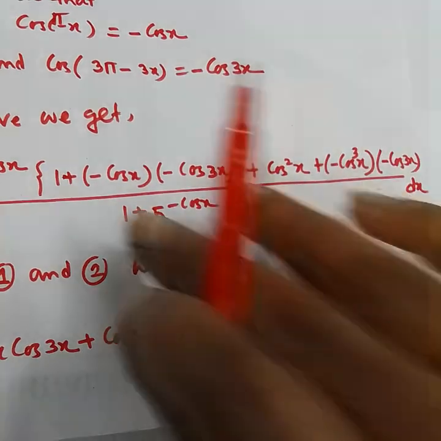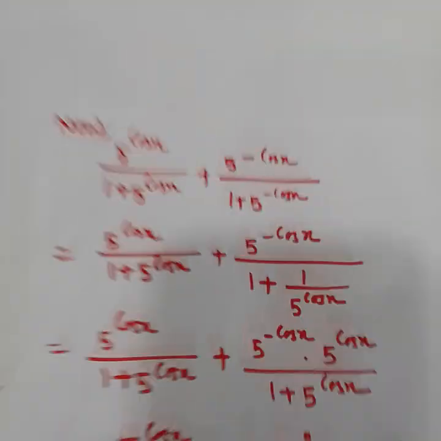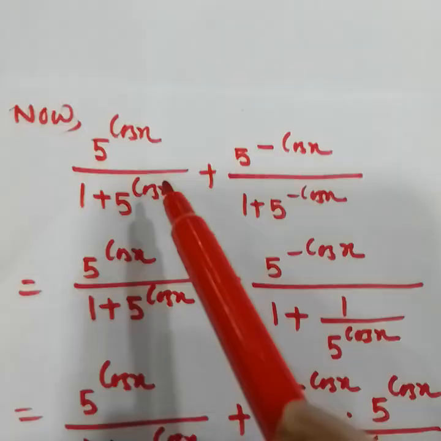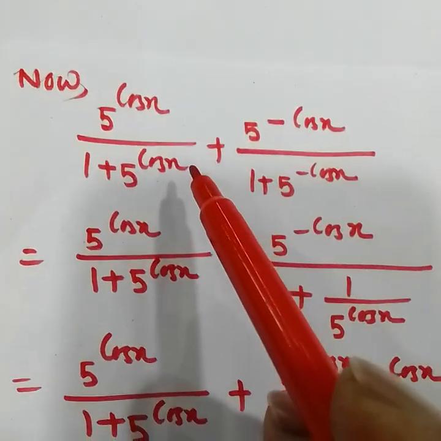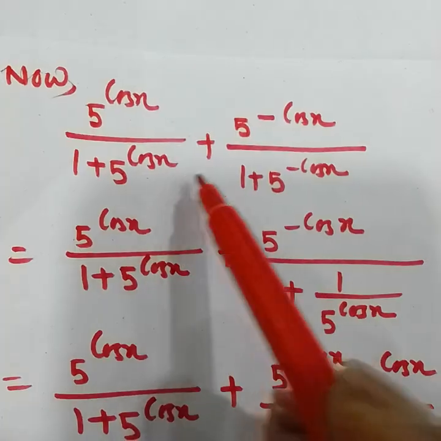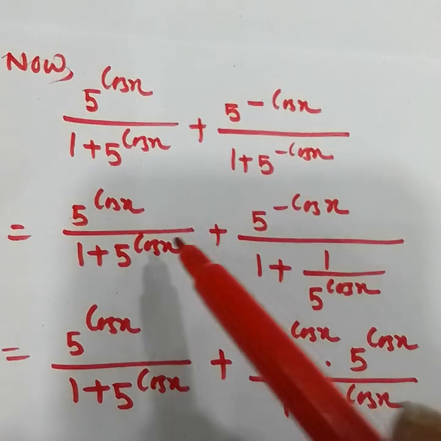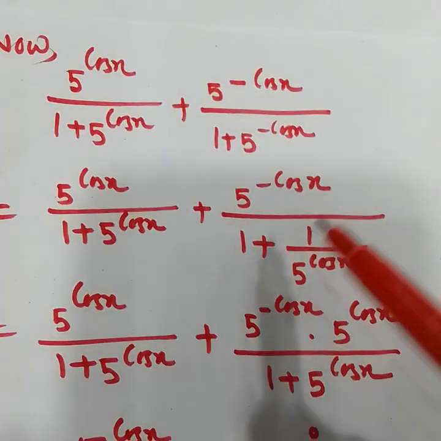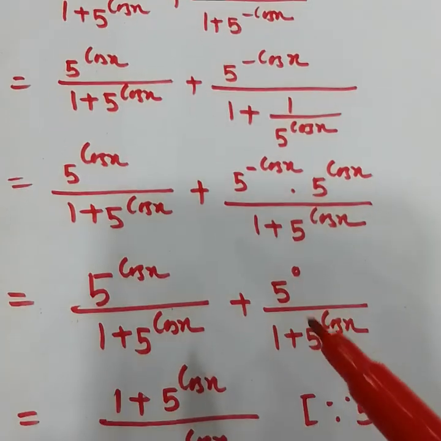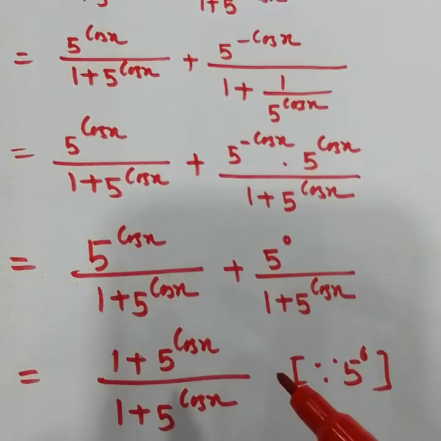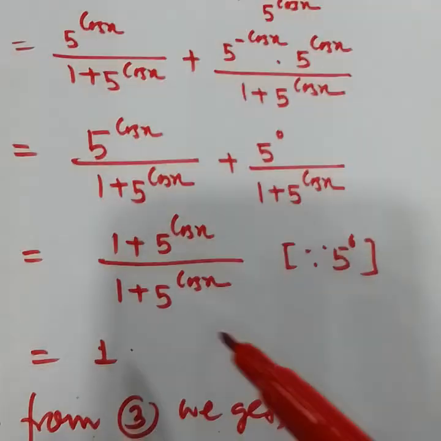Now we will simplify 5 to the power cos x by (1 plus 5 to the power cos x) plus 5 to the power minus cos x by (1 plus 5 to the power minus cos x), and after simplifying, this whole expression becomes 1.